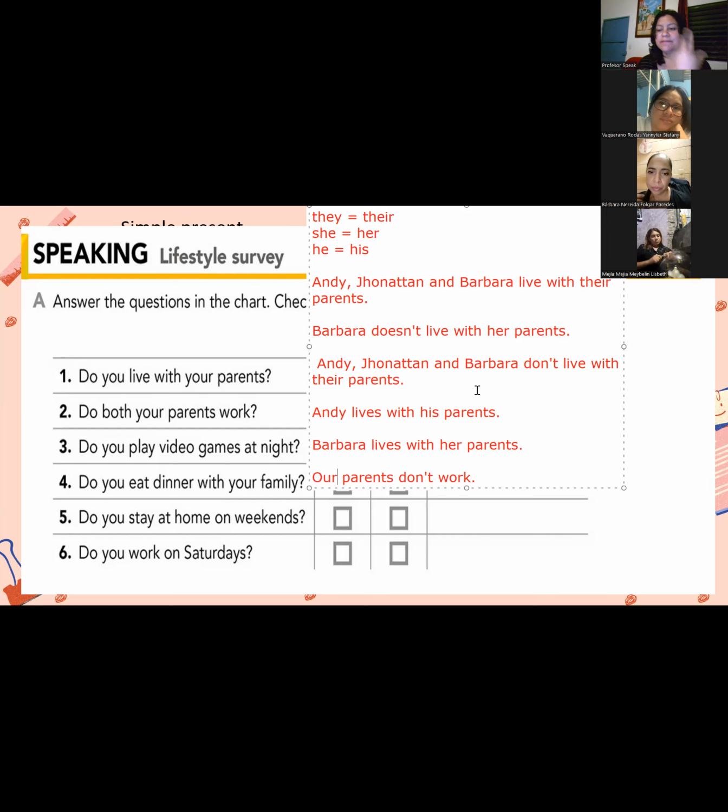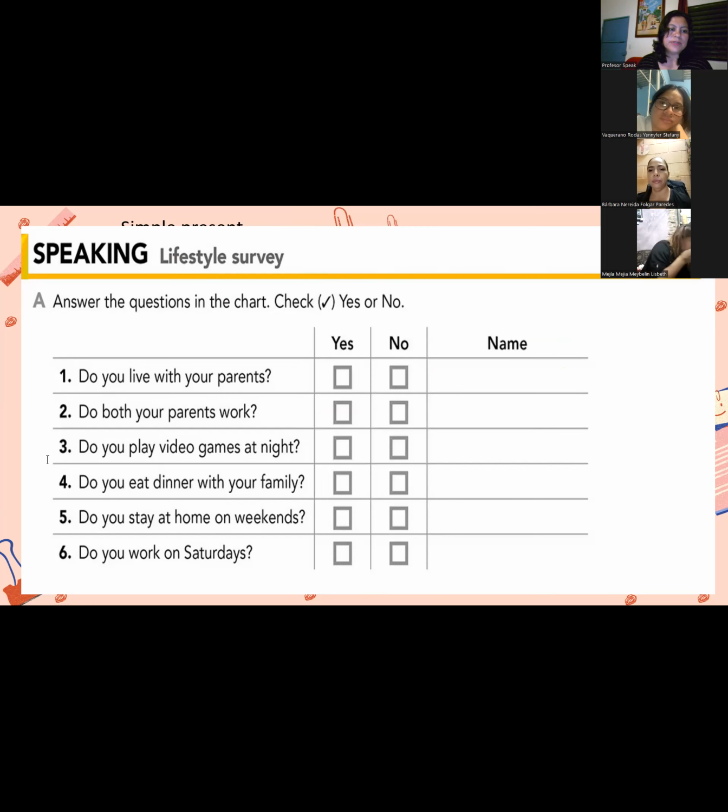Y si estoy representando a mi grupo, podría decir we: we don't live. Thank you, teacher. You're welcome. Es muy común que haya confusión con possessive adjectives y subject pronouns, pero con el tiempo van a ir aprendiendo.